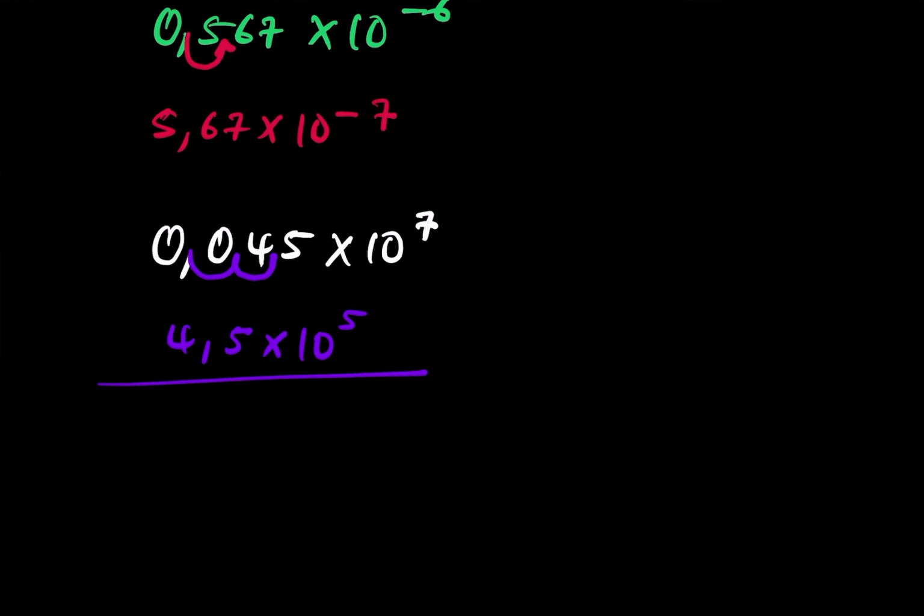Let's check now if they ask you to multiply them. Let's say you have 1,6 multiplied by 10 to the power 4 multiplied by 2,5 multiplied by 10 to the power 3. So here, if I multiply, the powers don't really have to be the same when you multiply, but when you add, they have to be the same, okay?